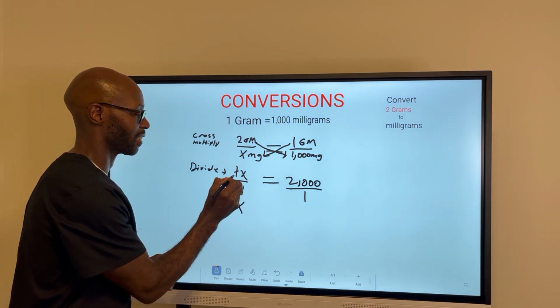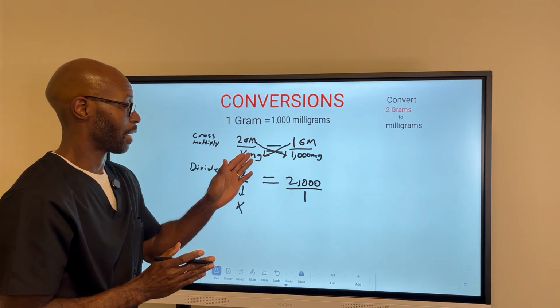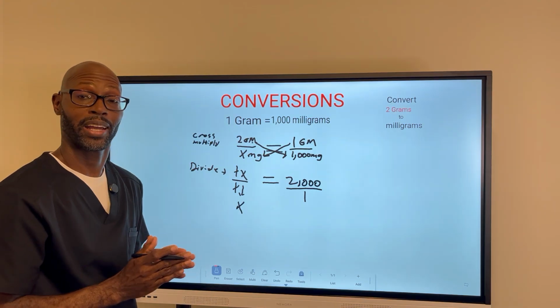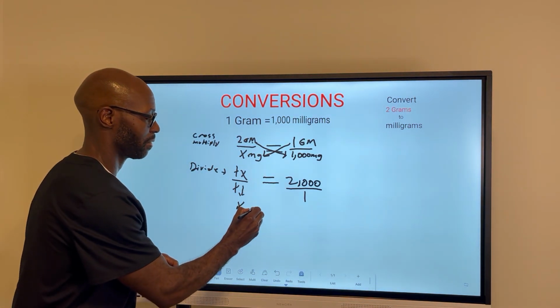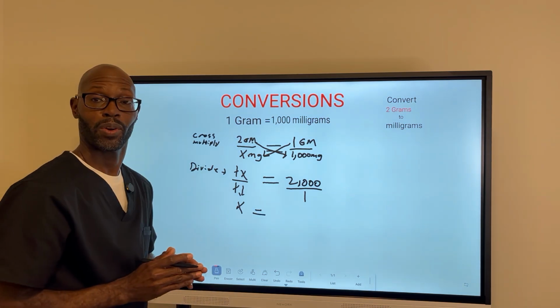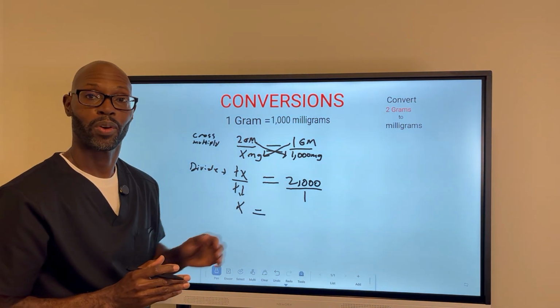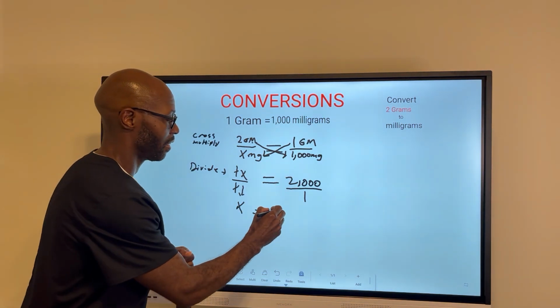So now it's just x. All right. And again, just like we talked about, we want to keep the equal signs together. This helps you keep track of the problem and stay on track. So bring your equal sign down. And now what are we going to do? We're going to divide 2,000 by 1. So now 2,000 divided by 1 is 2,000.